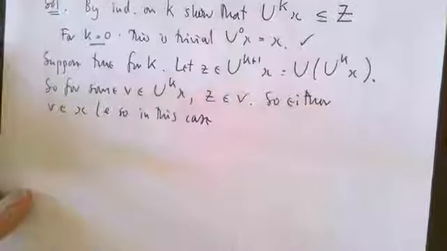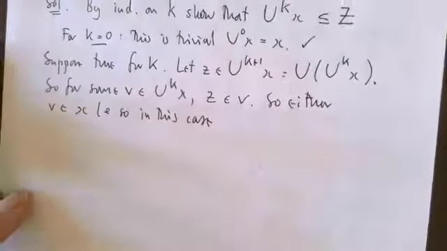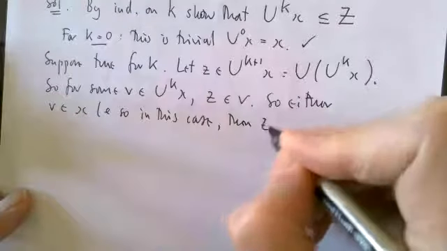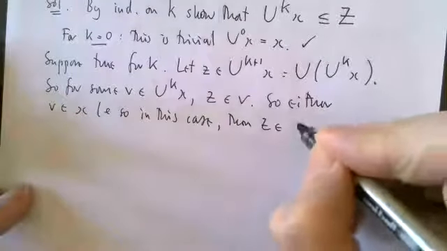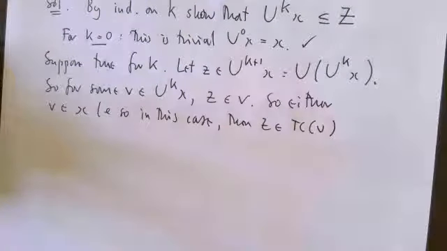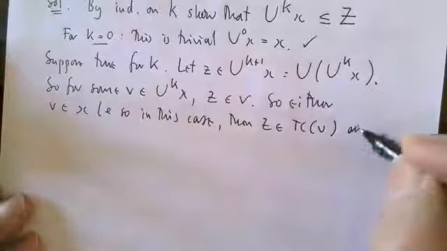So in this case, if v is a member of x, then z is going to be in the transitive closure of v. And we're done.